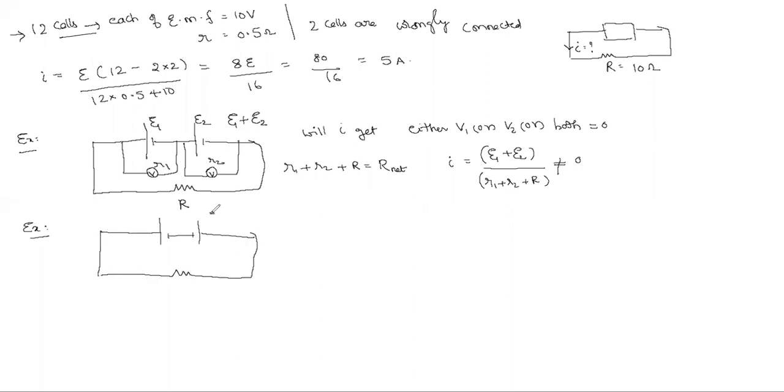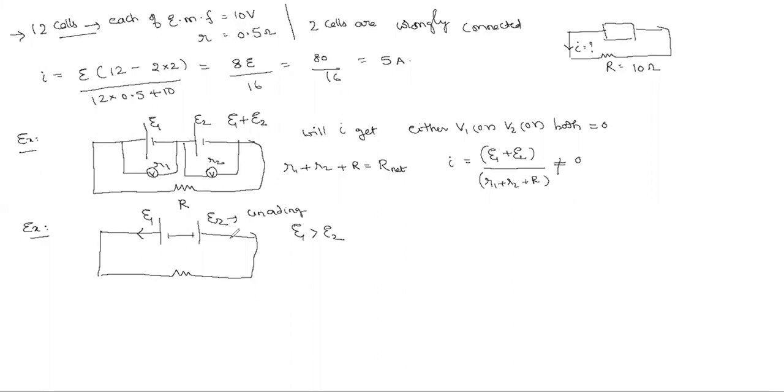Suppose E1 is greater than E2. Then E1 delivers the current in this direction and E2 is unaiding. If E2 is greater than E1, reverse, the current flows clockwise and E1 is unaiding. So E1 is greater than E2, I am taking according to the diagram.